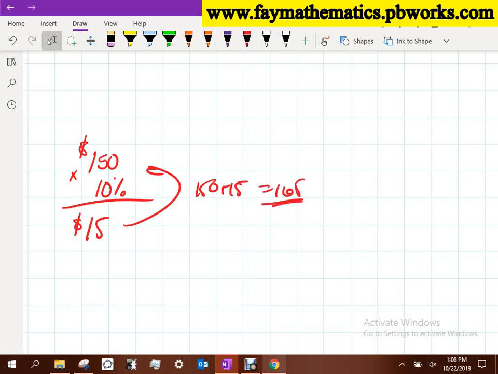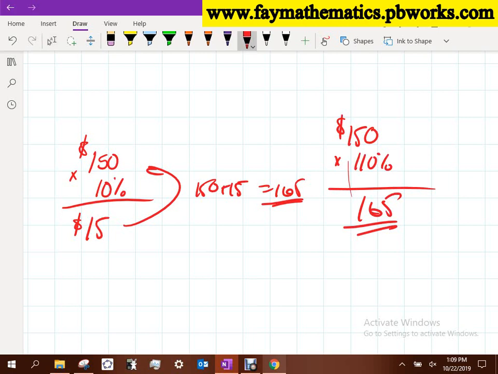Does that make sense? I would much rather take the $150 and multiply it now by 110%. That's going to automatically give me 165. Does that make sense? So it's up to you. If you want to do these two steps, by all means do it.